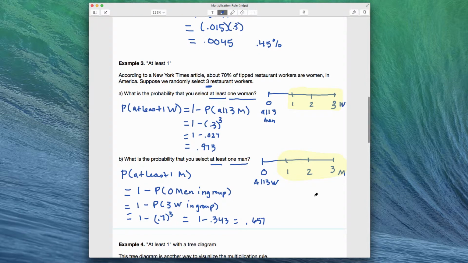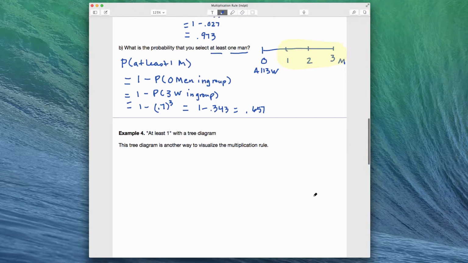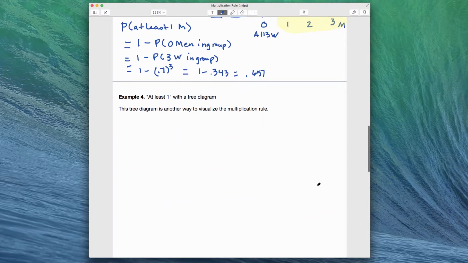All right, last example we're going to do an at least problem with a tree diagram. So a tree diagram is just another way to visualize using the multiplication rule. And it uses branches and little dots where you have branches branching out from a node. So we are choosing 3.